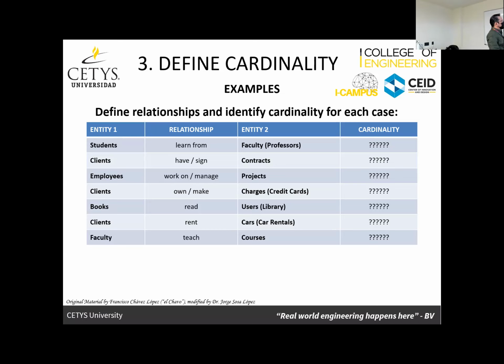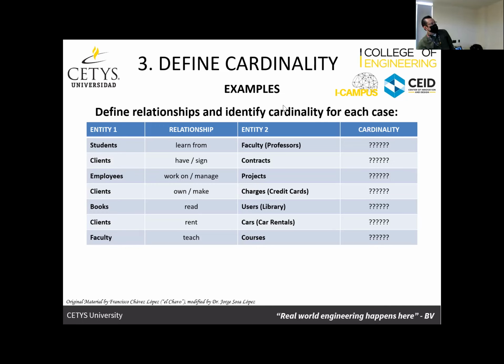So we already mentioned that there were three main types of cardinality: one-to-one, one-to-many, and many-to-many. And so we were talking about these exercises here that had to do with trying to identify cardinality for these situations.